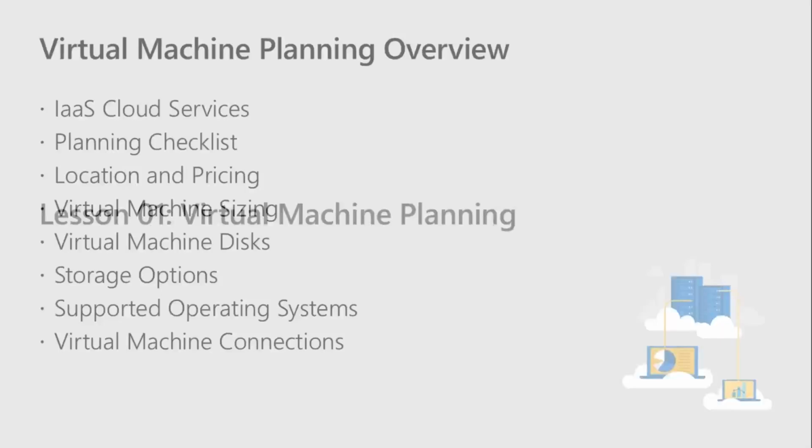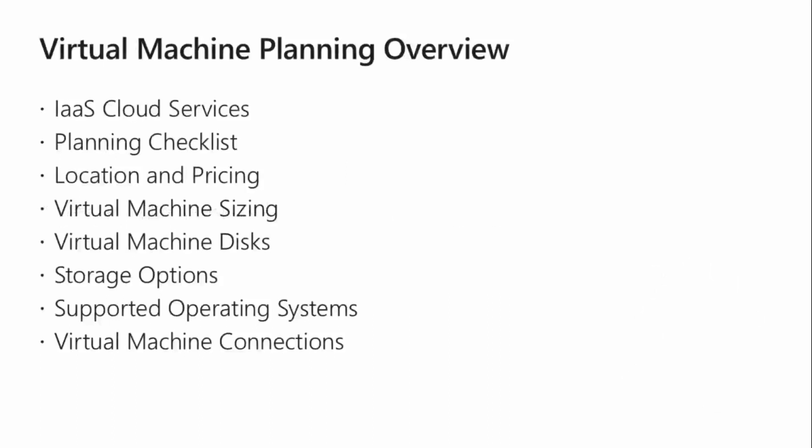For making a plan, what we have to understand is IaaS cloud services, what service we can deploy in cloud, which is infrastructure as a service actually. Planning the checklist, location and pricing, virtual machine sizing, virtual machine disk, what type of disk we can use, storage option, supported operating systems, and virtual machine connections.